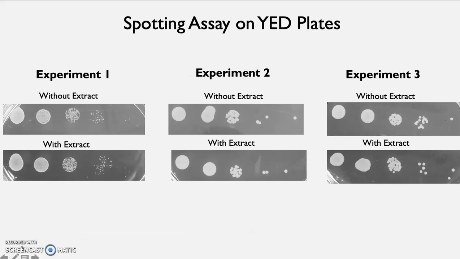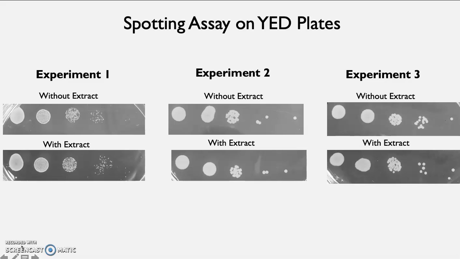So then these are the spotting assays. When looking at these assays, you're looking for the difference between colonies and to ensure that the extract didn't inhibit growth and that there were no cytotoxic effects. And this one is in the YED plates with nothing else added. And then you can see there's no real difference between the colony growth with or without extract.